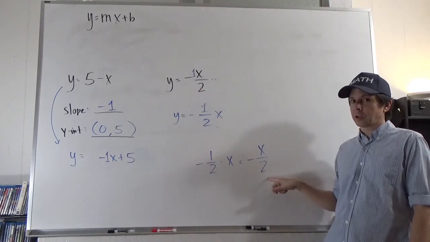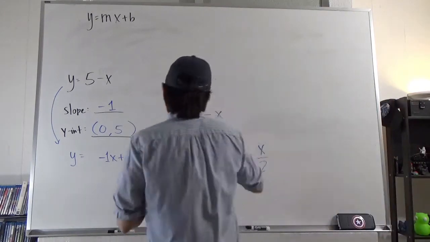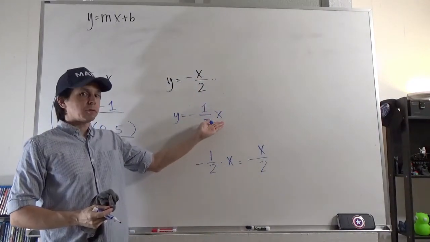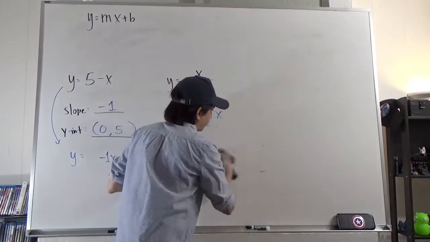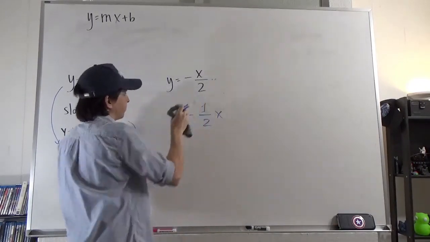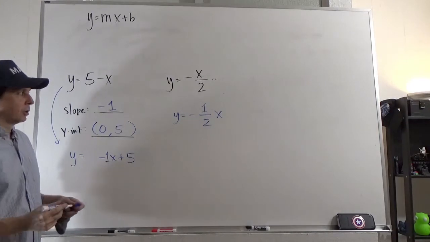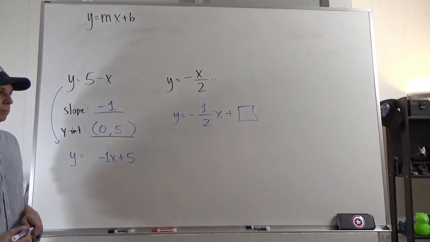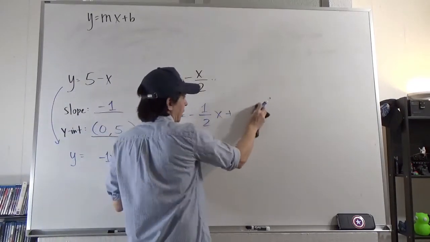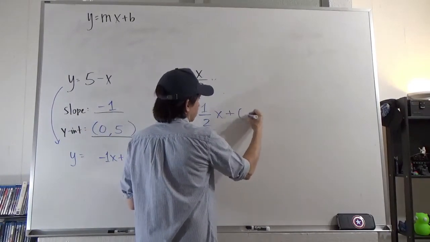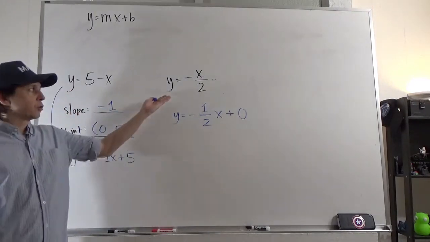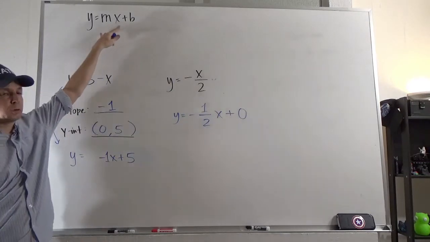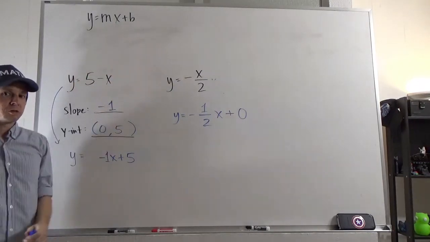We get negative x on top, 2 on the bottom. Here we're doing the reverse of that. We're taking that negative x over 2 and splitting off the x from the fraction. Anyway, make sure you can do that and understand it. So negative 1/2 x, we need a plus constant term, and we don't have one. But that means that you can think of it as plus 0. So that original expression, y is equal to negative x over 2, can be written in that way, where we see a coefficient times x plus some constant term, which happens to be 0.